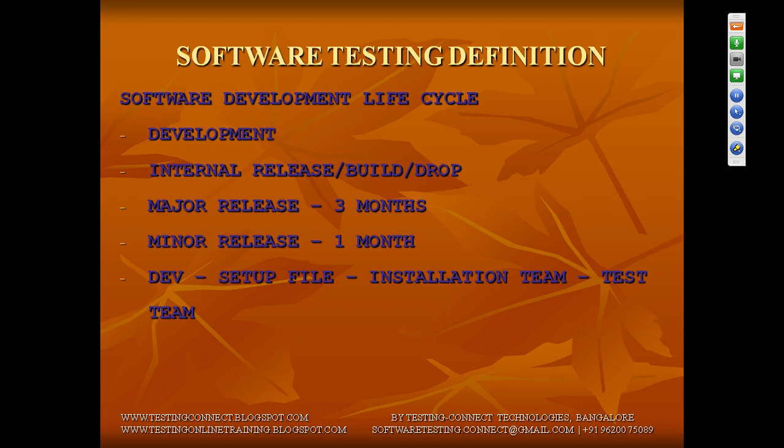This is the way you will get intimation of a build, of an internal release. Remember, for every project these three steps will be there: make it a setup file, send it for installing, and testing.